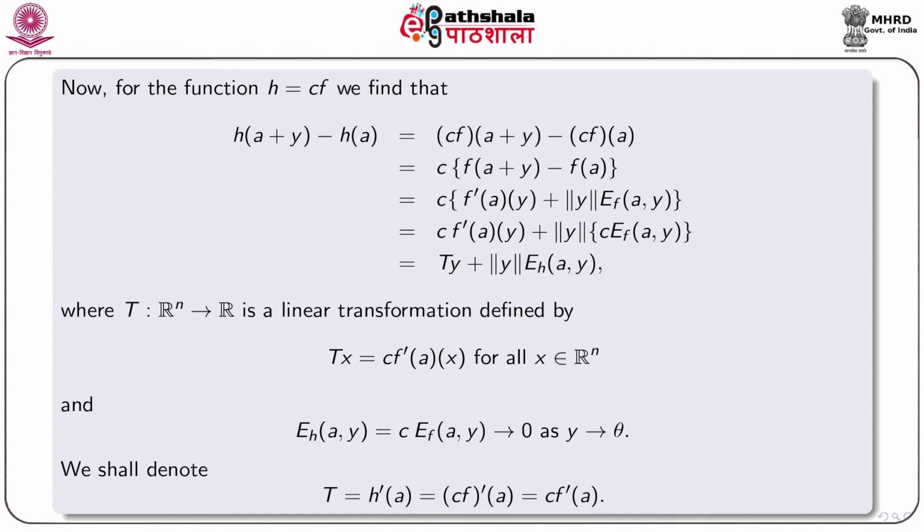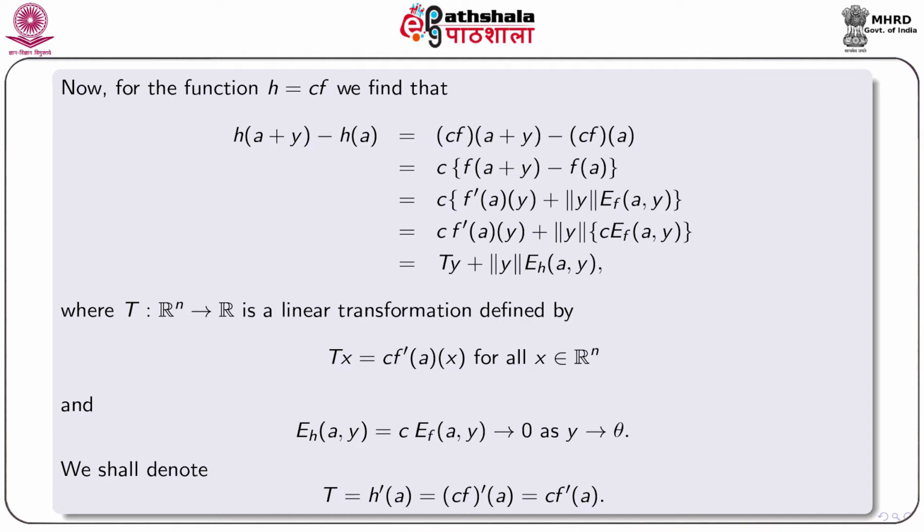Now, for the function h equal to cf, we find that the increment of h, that is h(a+y) - h(a), is nothing but, by definition of h, cf(a+y) - cf(a). So this is c times f(a+y) minus c times f(a). We take c as a common factor, so that the other factor is the increment of f.